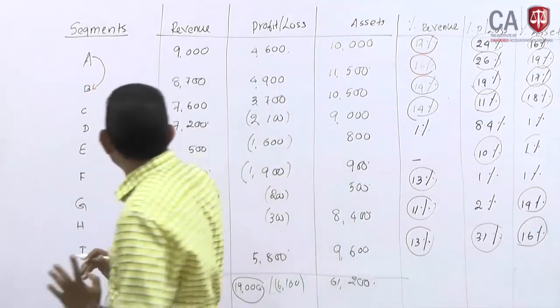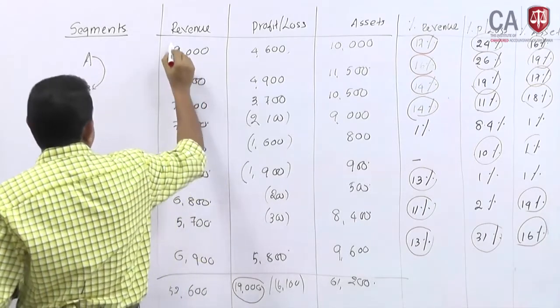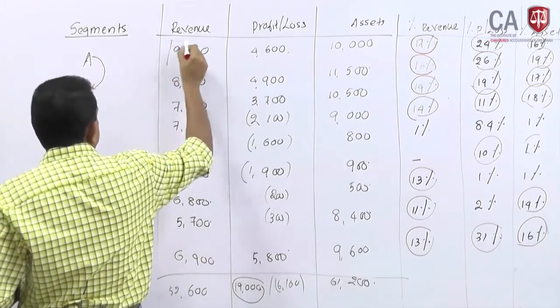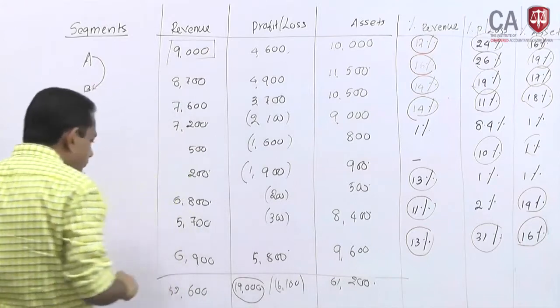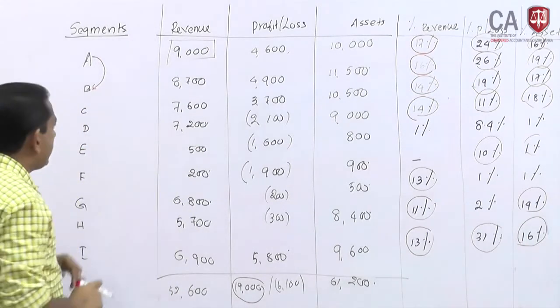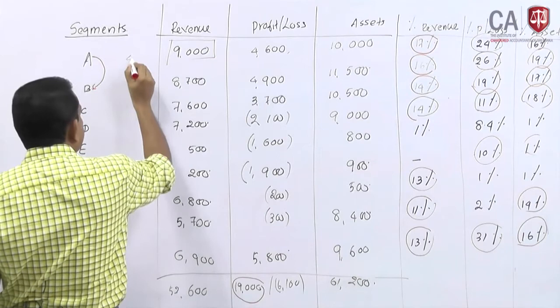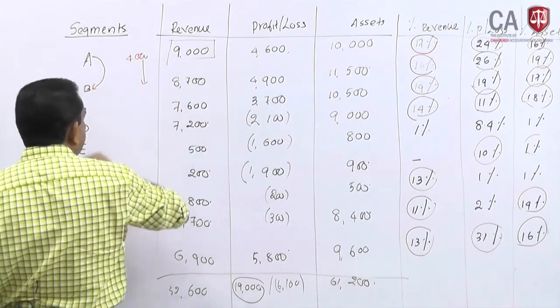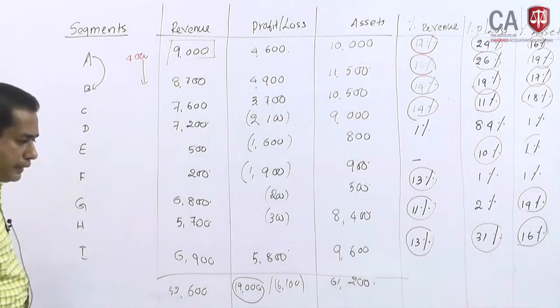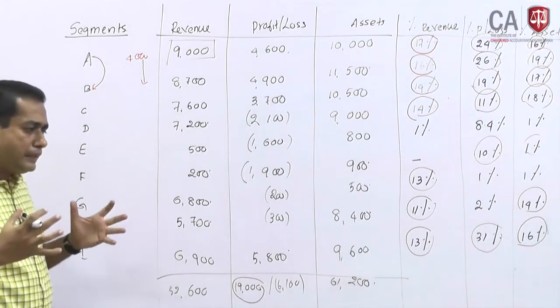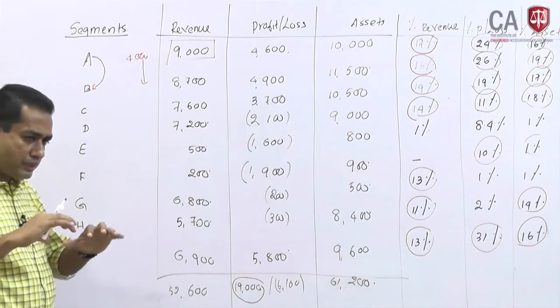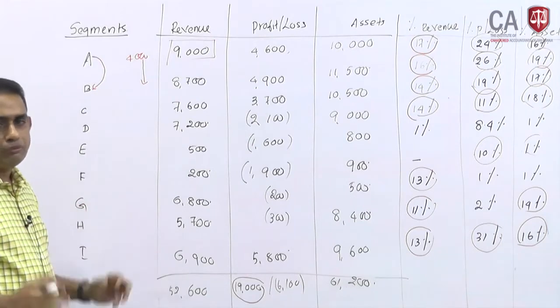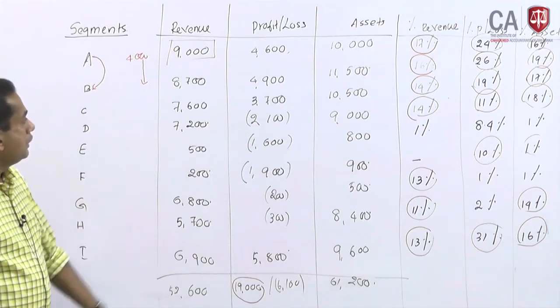Now, what I am saying is this: the total sales of segment A is 9,000, maybe it includes 4,000 worth of sales done to the next immediate segment B. Let us look at it not from the entity's viewpoint, but from the individual segment's viewpoint.